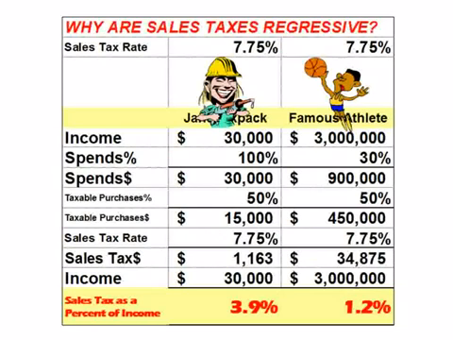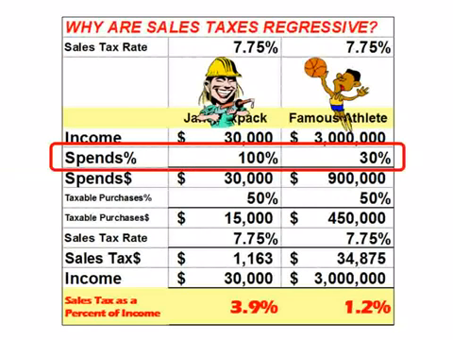They're effectively regressive. That means below the surface because she makes $30,000 and spends it all. Half of that, I assume, is on taxable purchases. She spends all of her income, but he doesn't. And that highlighted row is the critical distinction that makes sales taxes below the surface regressive.